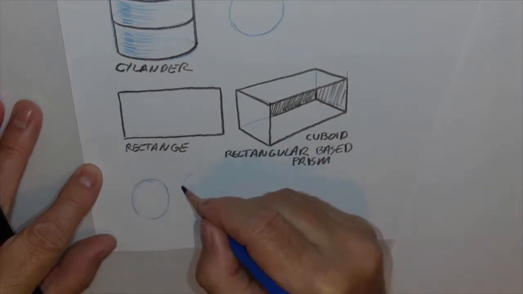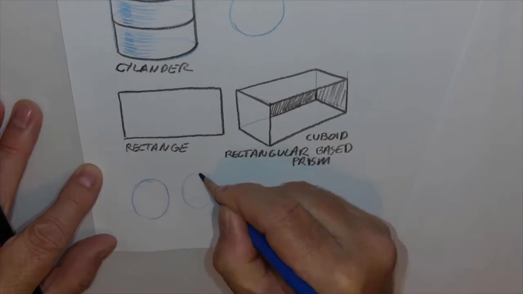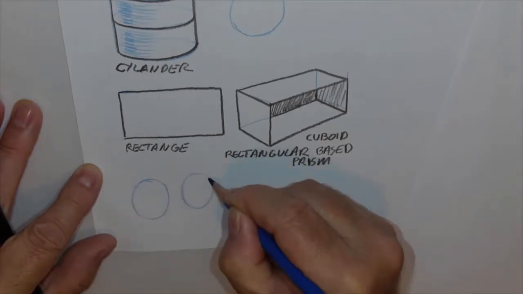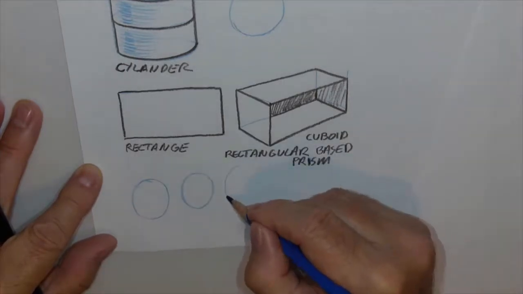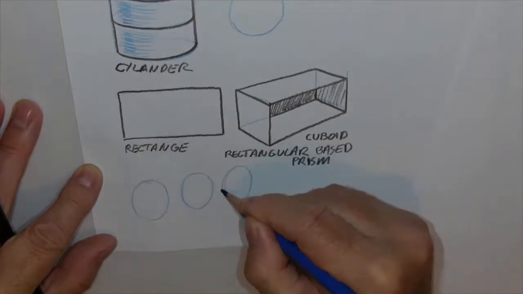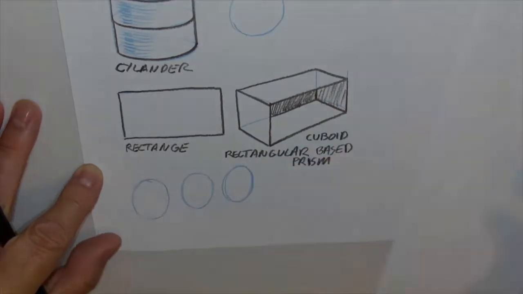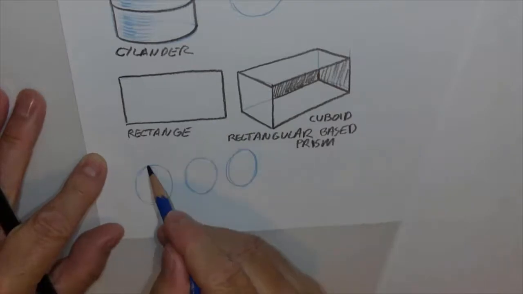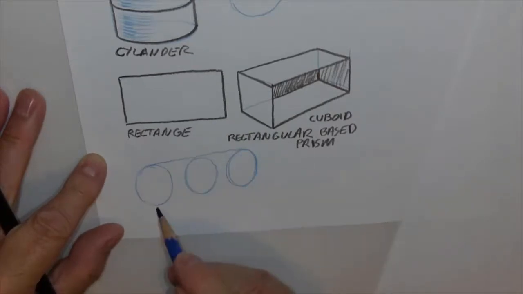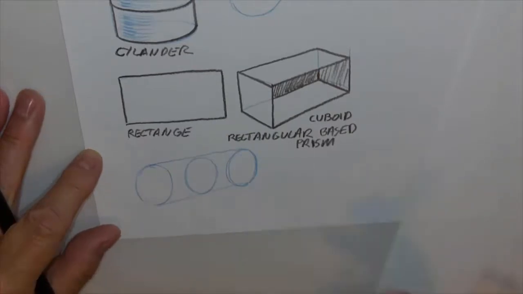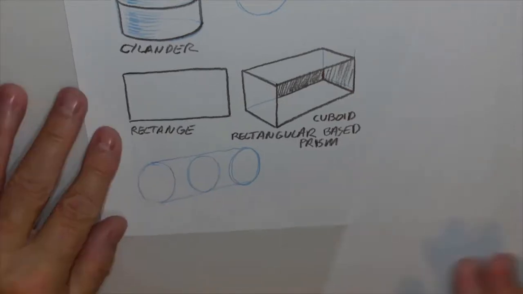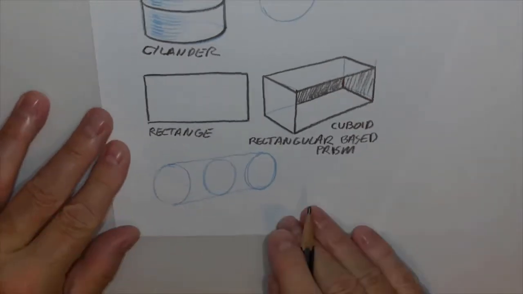And again, I'm going to try and replicate that. These should be as similar as you can, and then bridging this across. So again, I'll try and fix this up with my lead pencil.